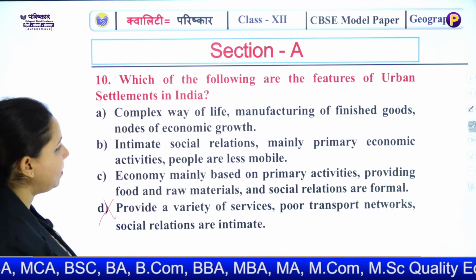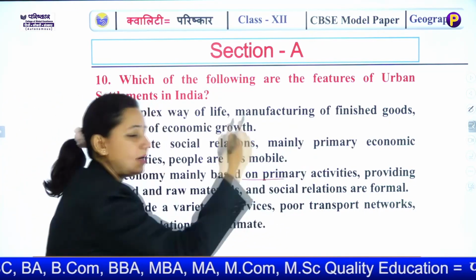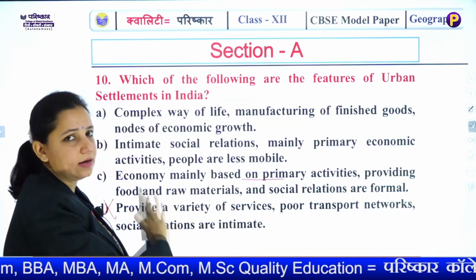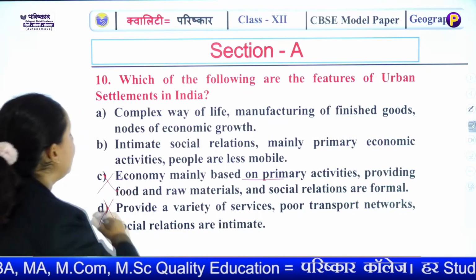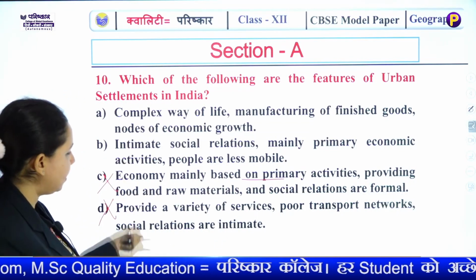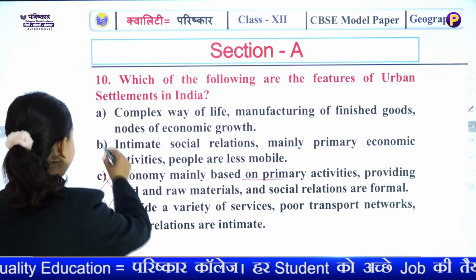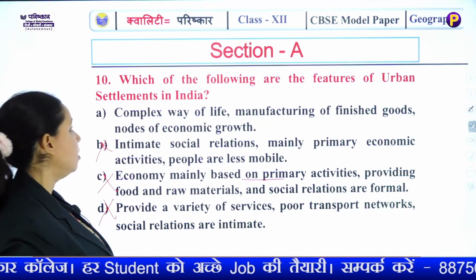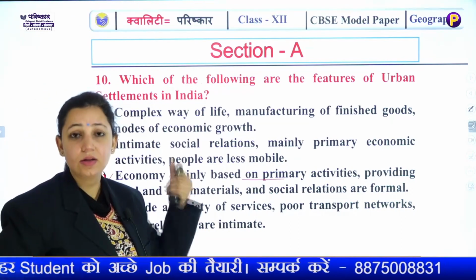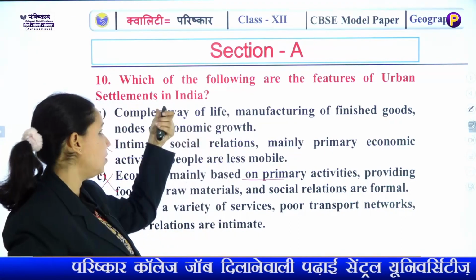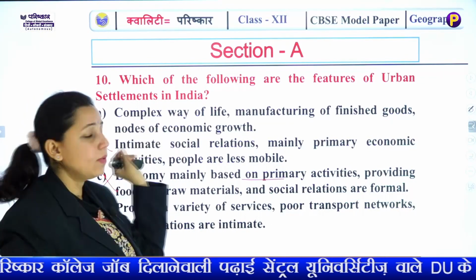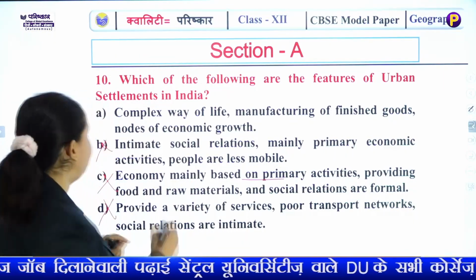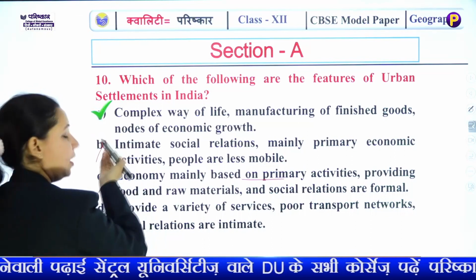Economy mainly based on primary activity, the first line itself proves that this is incorrect. Intimate social relationship, again it is repeating the same thing, no. Complex way of living, manufacturing of finished goods, nodes of economic growth, yes, it is most likely to be the answer because an urban settlement provides these characteristics of living. So our right answer is A.